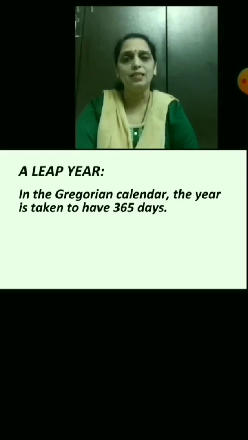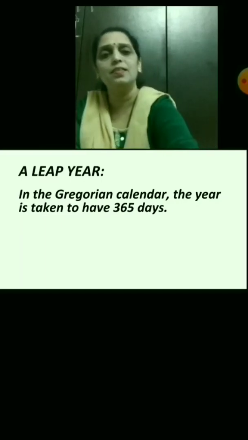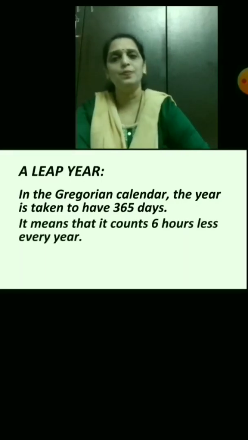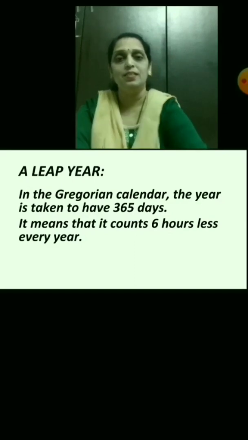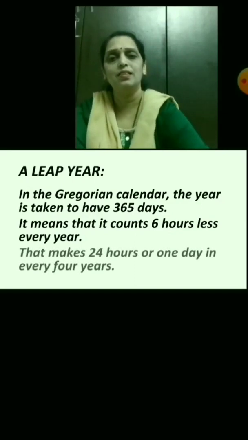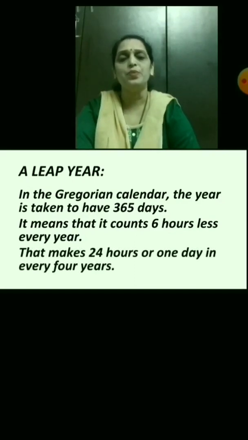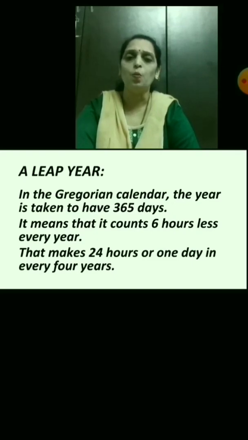That calendar is known as the Gregorian calendar, and it has 365 days. Next, it means that it counts 6 hours less every year. That makes 24 hours or 1 day in every 4 years.